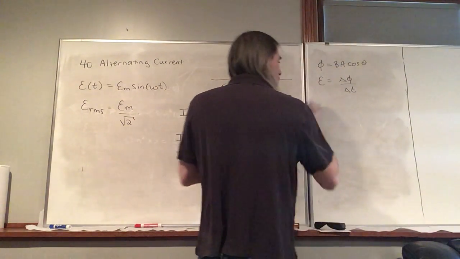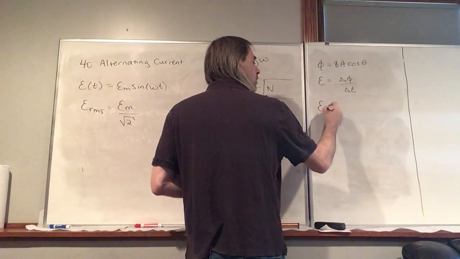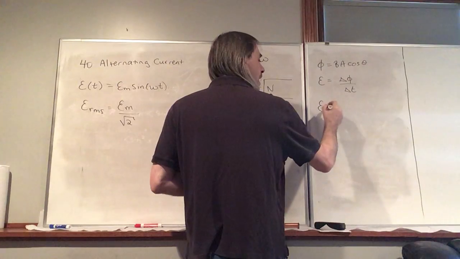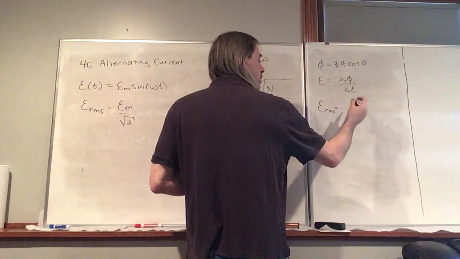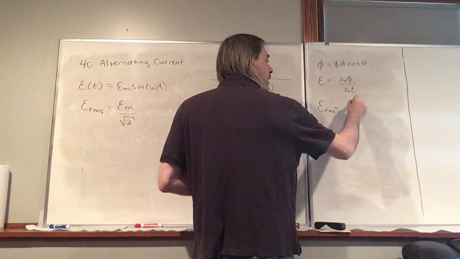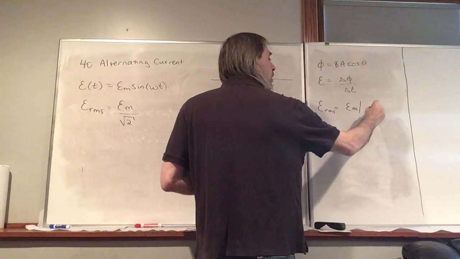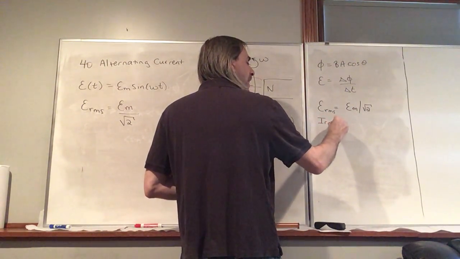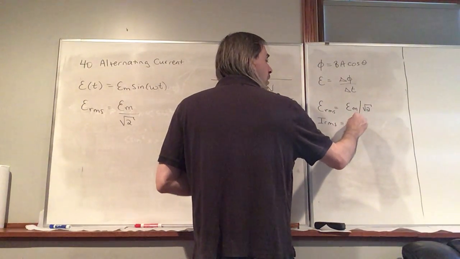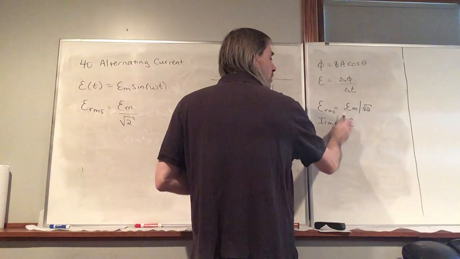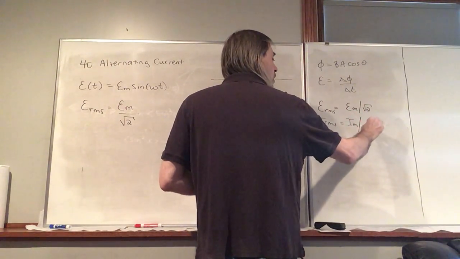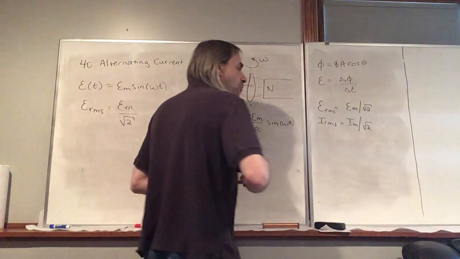So I'm going to write these down over here. The average RMS EMF is the peak value divided by the square root of 2, and the RMS average current is the peak current divided by the square root of 2.